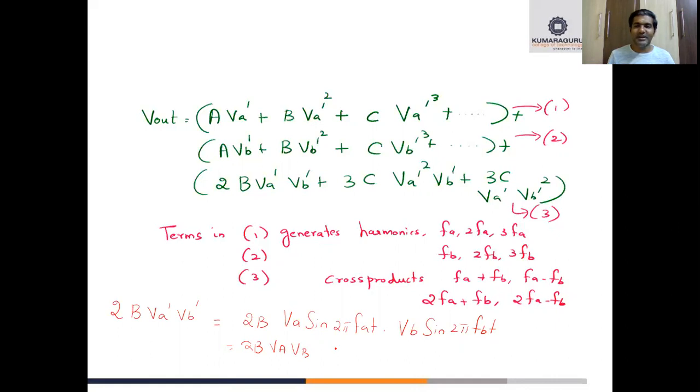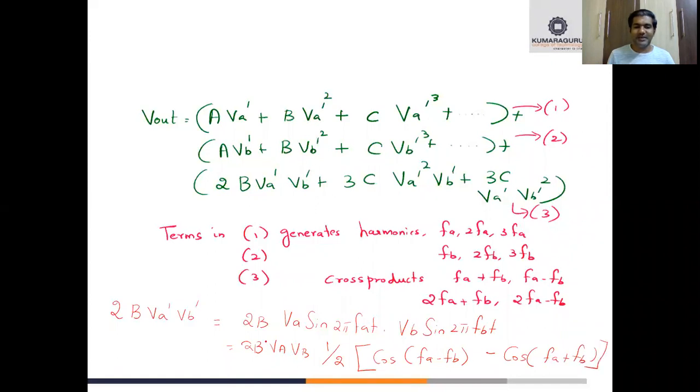This is of the form sine A sine B. So you know what is sine A sine B? Sine A sine B is nothing but half into cos of A minus B, so FA minus FB, minus cos A plus B. What is cos A plus B? FA plus FB. Okay.